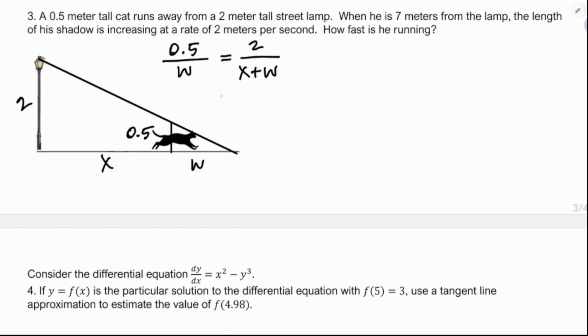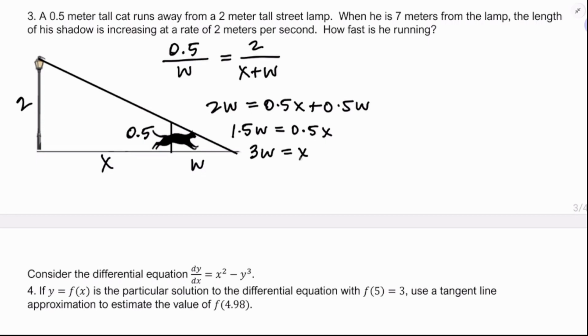And then I'm going to cross multiply to w equals 0.5x plus 0.5w. Simplify a little bit. Maybe multiply both sides by 2. I did not do this in class, but I kind of like this idea. Take the derivative, 3 dw dt equals dx dt.